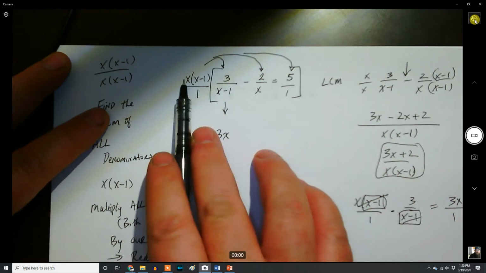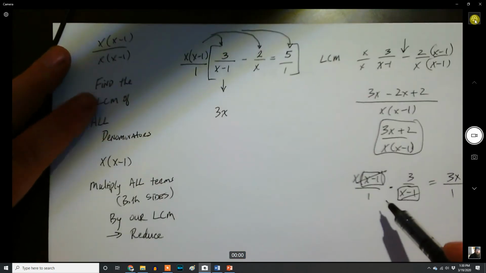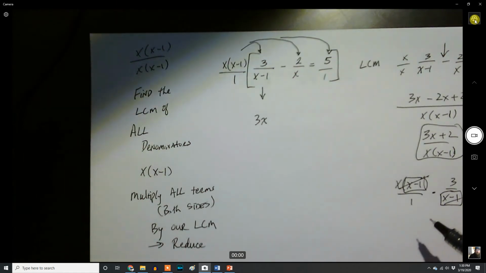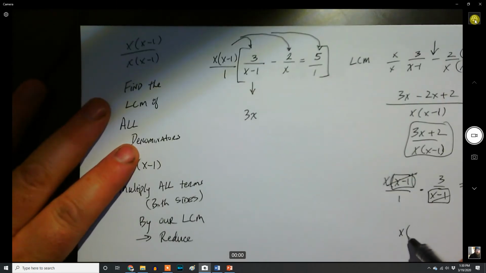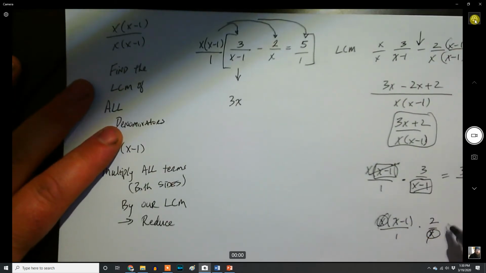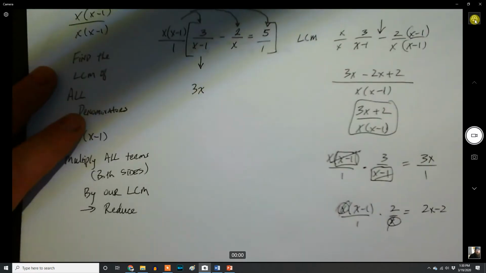The x's are going to reduce. Normally I wouldn't do the scratch work, but let's go ahead and do that for this one right now. Let's say x times x minus 1 over 1 times 2 over x, right? Those x's reduce, and you're left with 2x minus 2. 2 times x is 2x. 2 times negative 1 is negative 2.